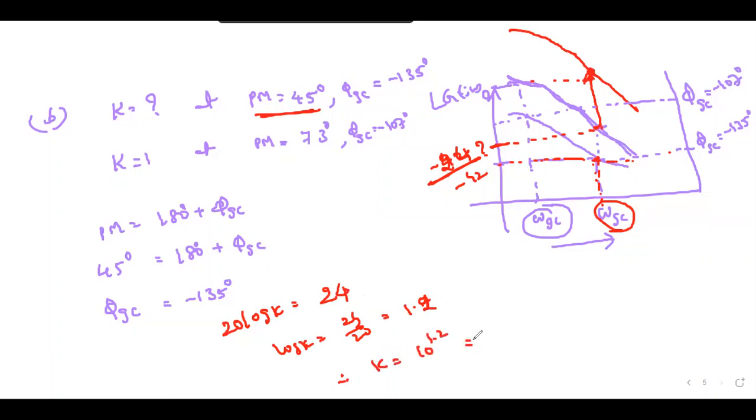What is the answer? 15.84. So K is equal to 15.8 for the second value.